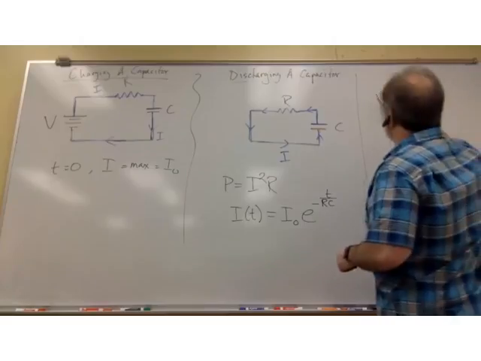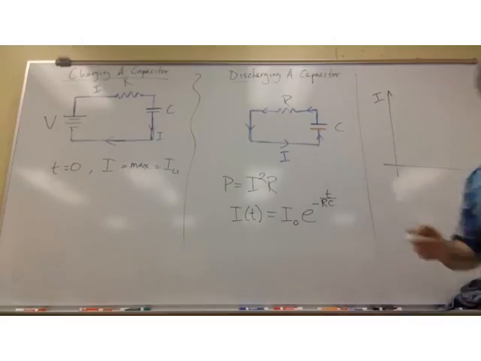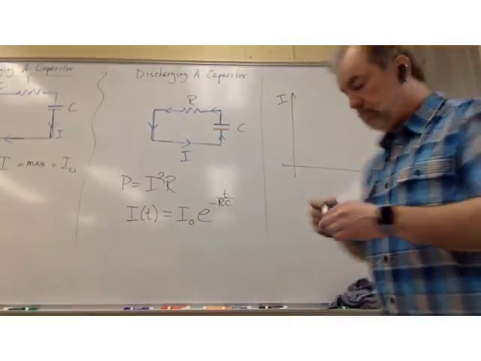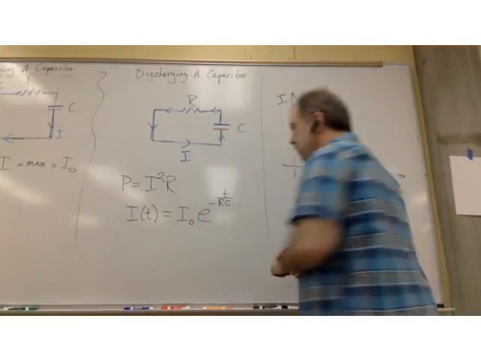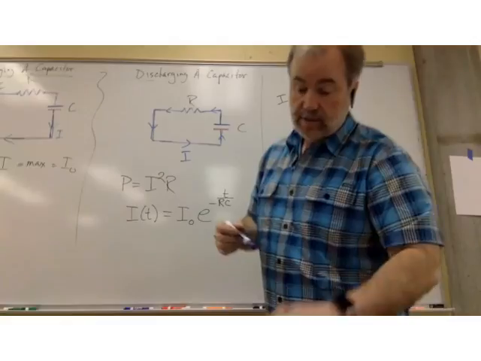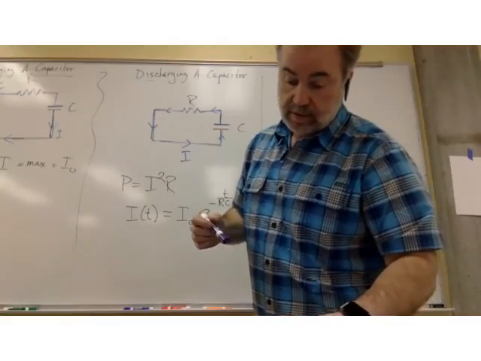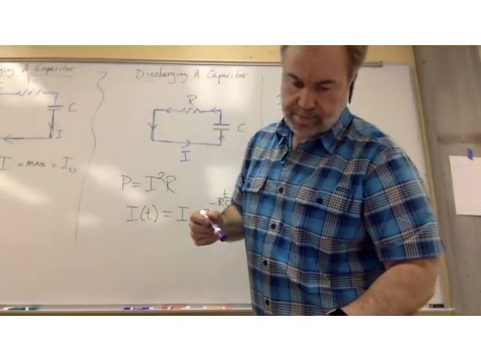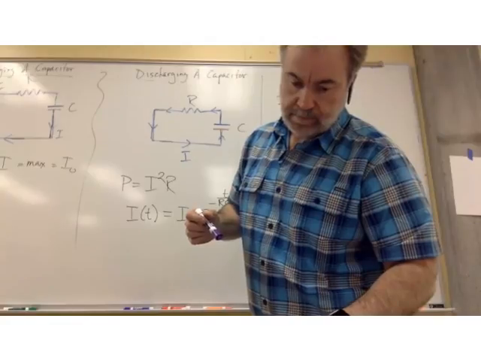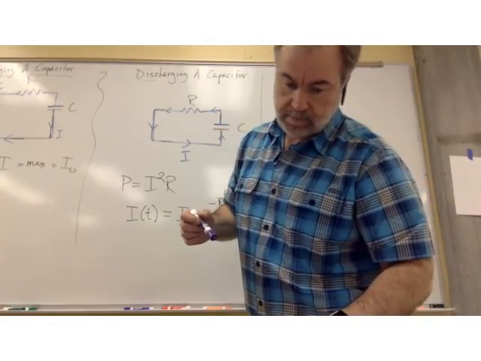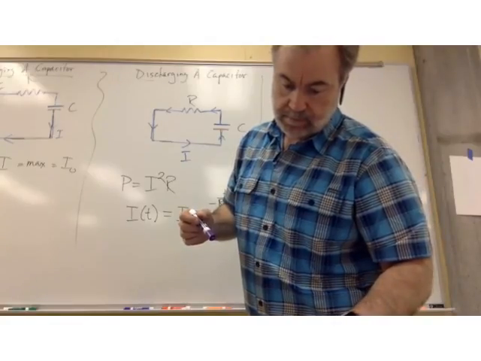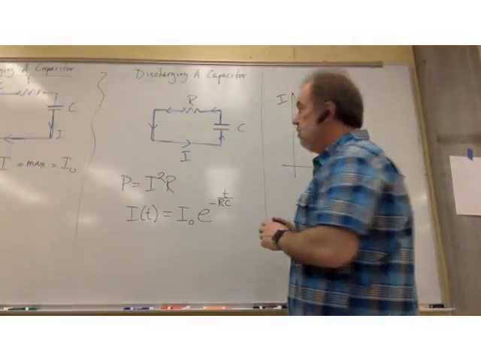the current on the vertical axis as a function of time, horizontal axis, looks like this. It starts out large and goes to 0.